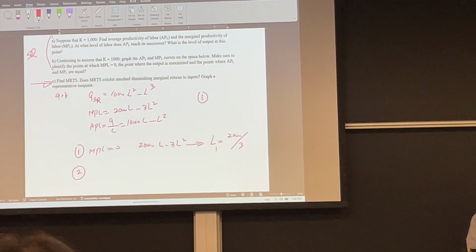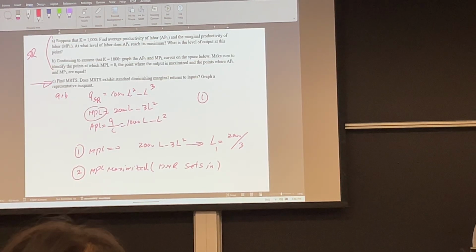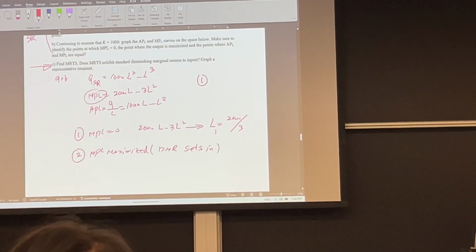The second one is when MPL is maximized, i.e. when DMR sets in. For that, we can just maximize this one. Take that one, maximize it. And that's the way we maximize it.